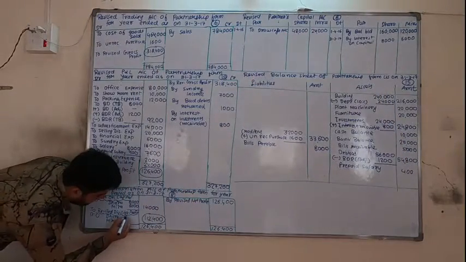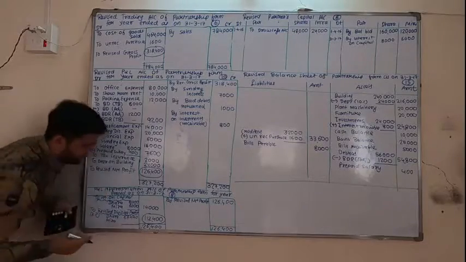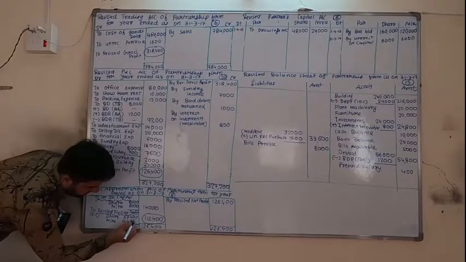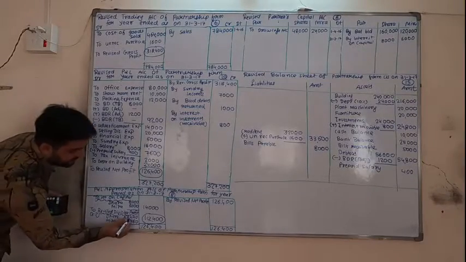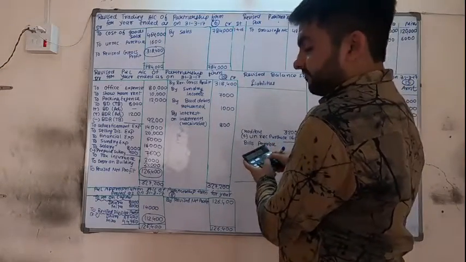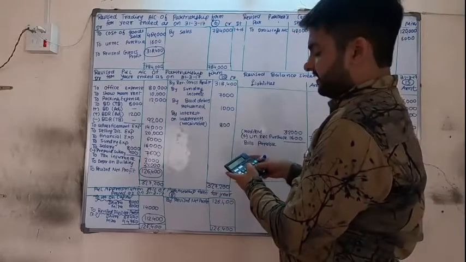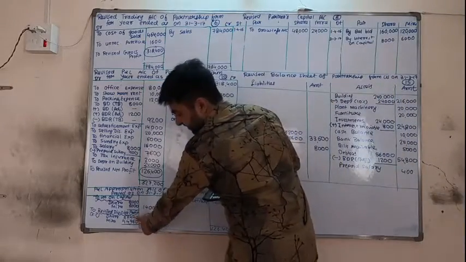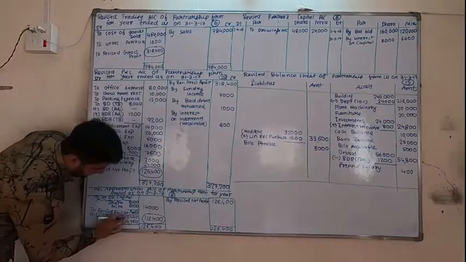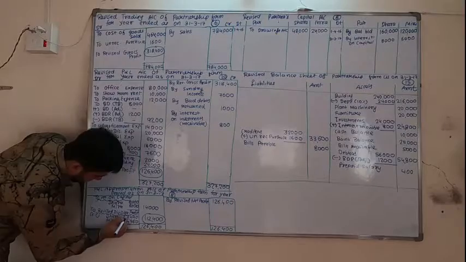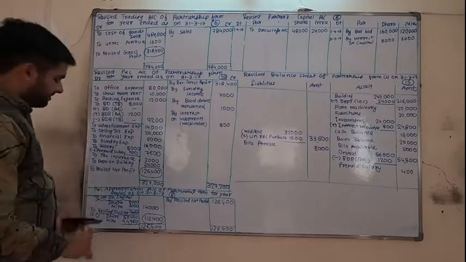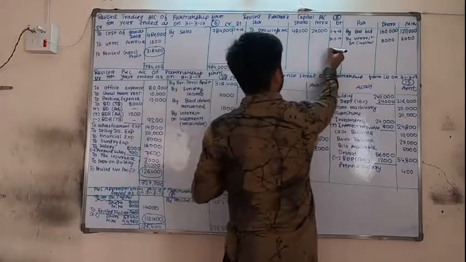So 67,440, and for 2 it is 44,960. Again I would like to repeat: 1,12,400 divided by 5 multiplied by 3. So 67,440. And for 2, it is 44,960. This is debited, credited here.